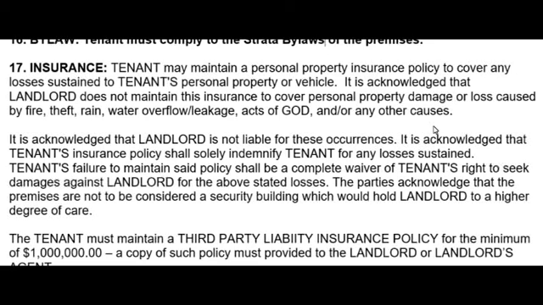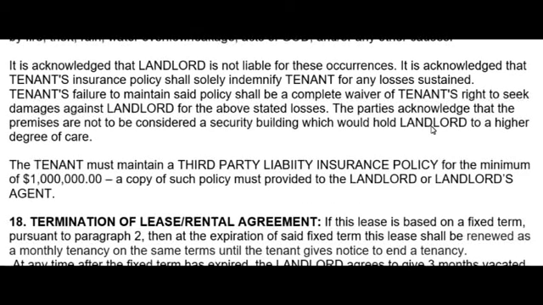It is acknowledged that landlord does not maintain this insurance to cover personal property damage or loss caused by fire, theft, rain, water overflow, leakage, acts of God, or any other causes. It is acknowledged that landlord is not liable for these occurrences. It is acknowledged that tenant's insurance policy shall solely indemnify tenant for any losses sustained.